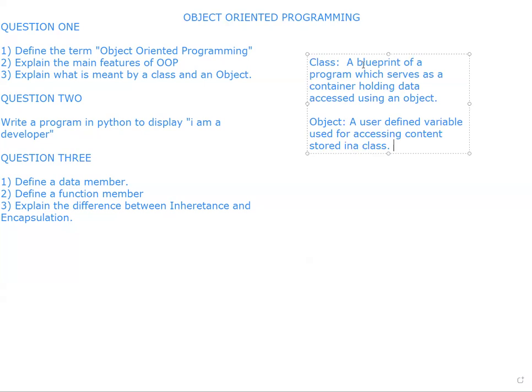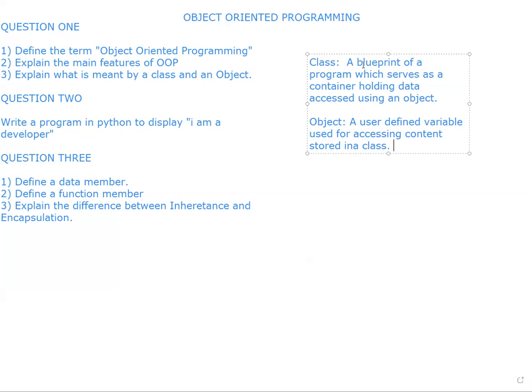Now, when that room is locked, you're going to need a key to open the door to access that classroom. So an object is more like a key. It is a key that is used for accessing that class. Without an object, you cannot access what is stored within a class.